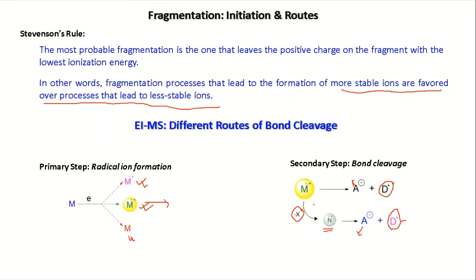So these are the two processes that can happen. That means you can directly get A plus, and if it follows this route, you'll find this as one peak, and then it will give another peak, this one. So these are the things we have come to know.